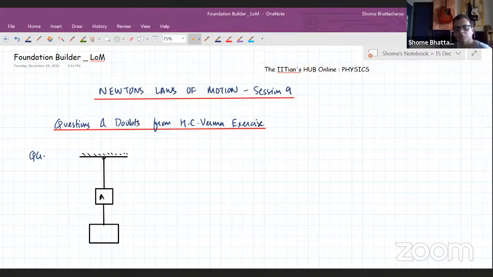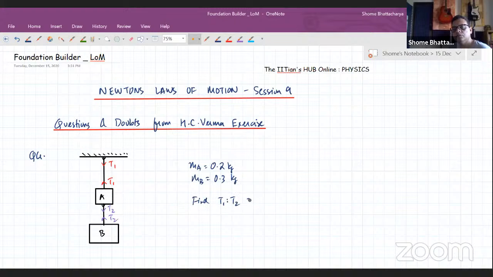So let's say this is block A, this is block B. Now if the tension in this string is T1 and the tension in the second string is T2, given that mass of the block A is 0.2 kg and mass of the block B is 0.3 kg, we have to find the ratio T1 is to T2.